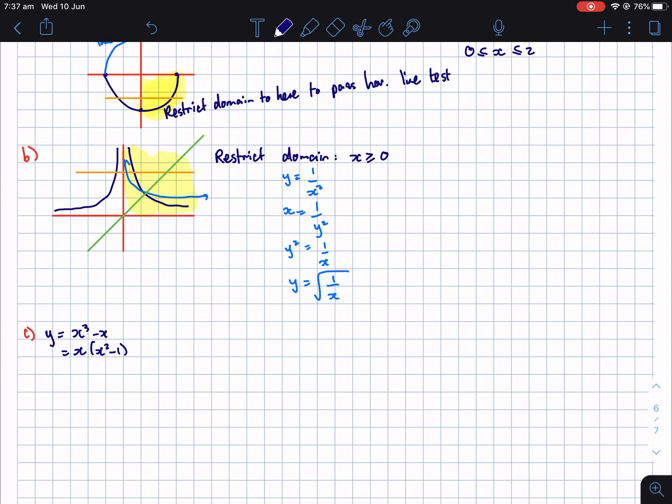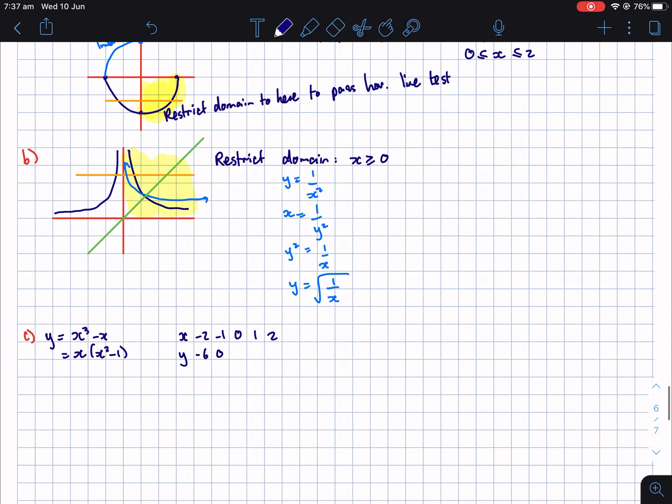Okay, we don't quite know how to draw this yet. I haven't taught you guys how to draw it. So let's just do x, y, minus 2, minus 1, 0, 1, 2. Minus 2 out of minus 2, negative 6. 0, 0. Hang on, what's going on?